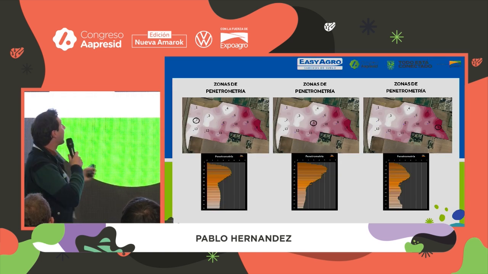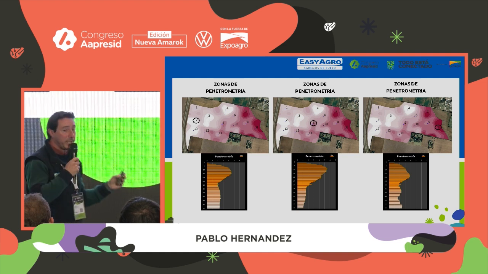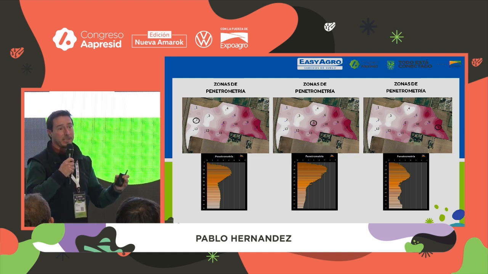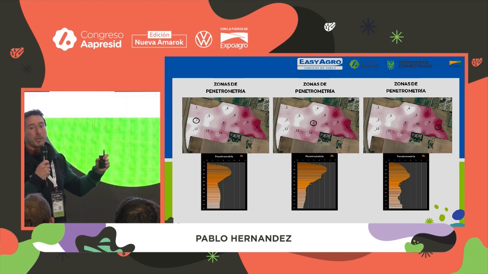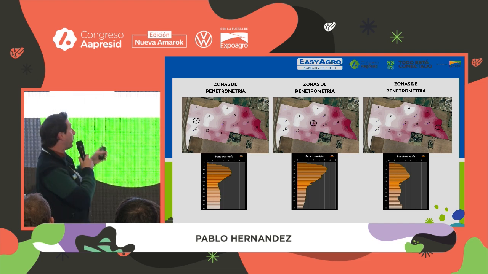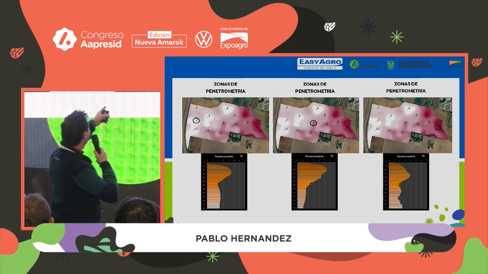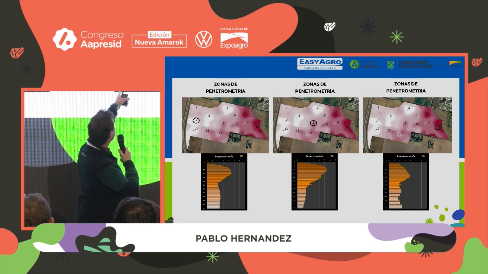The second phase, when we begin to work on the maps of the variation of depth that the scanner showed us, between 10 and 25 centimeters, between 19 and 23 centimeters, we had some alteration with the penetrometer in these graphs.